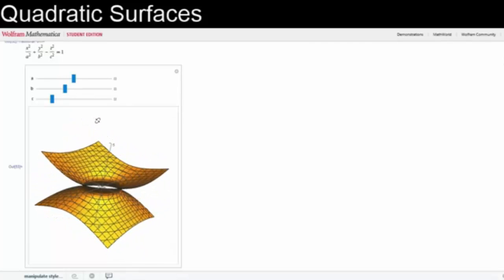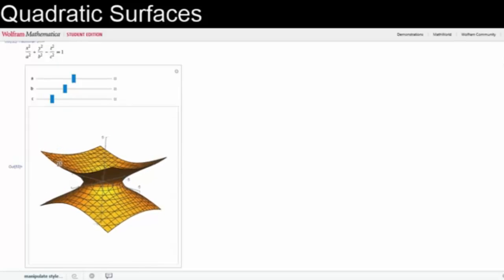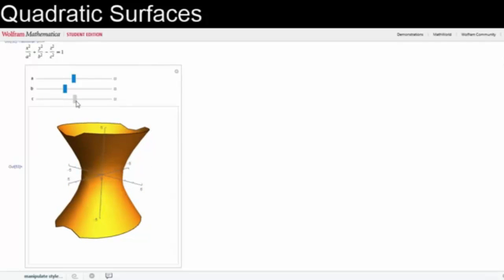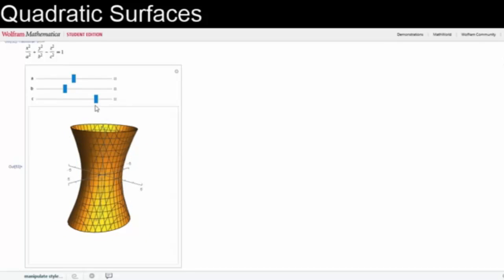Now let's look at what C is going to do. Well, if you guessed, again, that it's going to make this whole process tighter, then you're right.